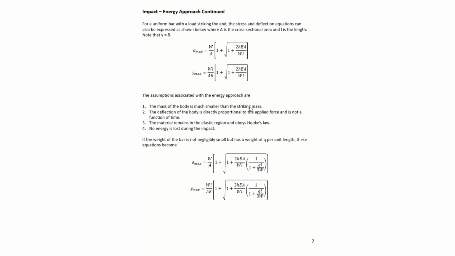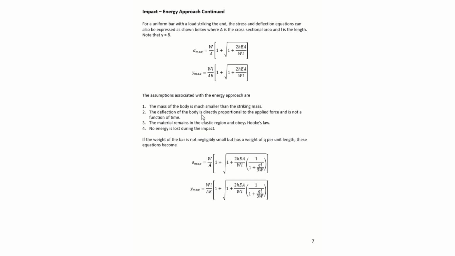The assumptions associated with this energy approach are that the mass of the body is much smaller than the striking mass. So in our spring mass system, the original mass is small. The deflection of the body is directly proportional to the applied force and is not a function of time. So as the force goes up, the deflections go up.